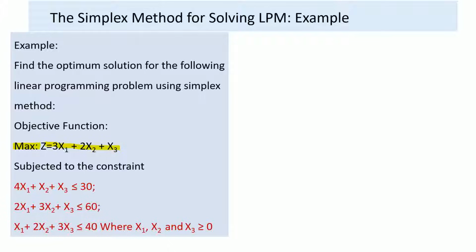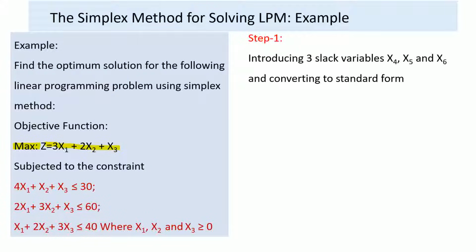Let's start from step 1, that is introducing slack variables to make the inequalities found in the constraints into equalities. Here, as you see, there is a less than or equal to relationship, so we have to add slack variables on the left hand side to make it equal to the right hand side.